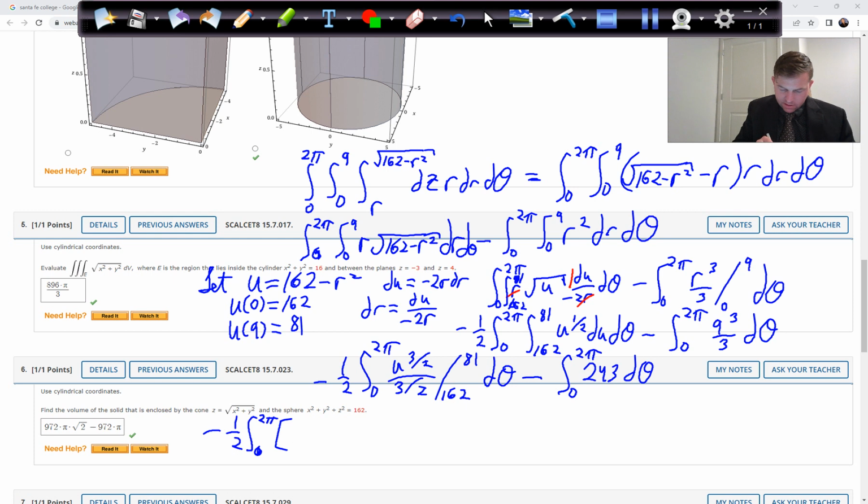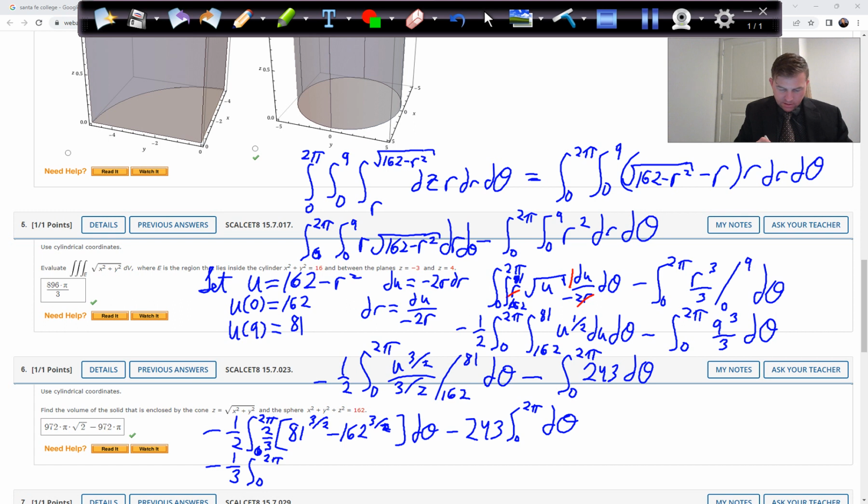This is really 2/3, so it's 2/3, and we're going to get 81 to the 3/2 minus 162 to the 3/2 d theta, minus 243, 0 to 2 pi d theta. This is going to be minus 1/3. So I'm going to cancel this 2 and this 2, and then 1 and the 3, 0 to 2 pi. This is going to be 729, and 81 to the 3/2 minus 162 to the 3/2 is 1458 square root 2.